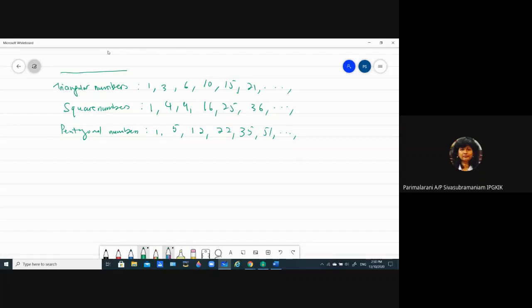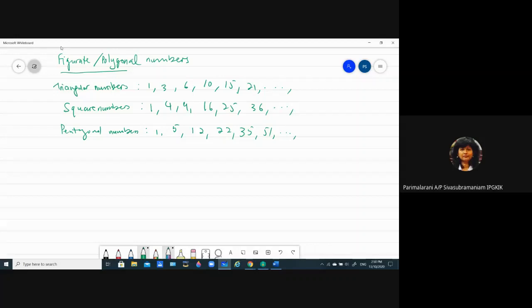What type of numbers are these? Figurate, or polygonal numbers. Why? Because you can draw regular polygons with these numbers.